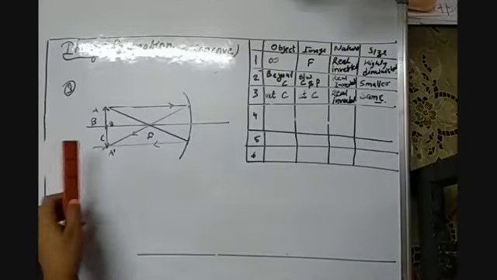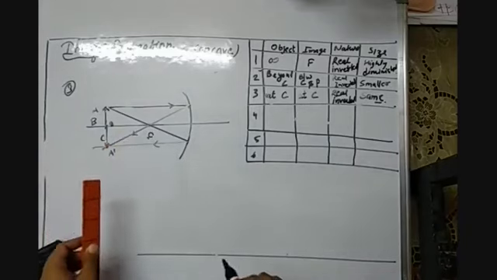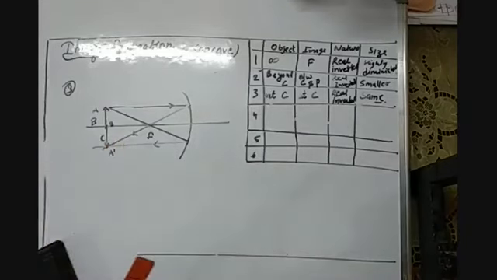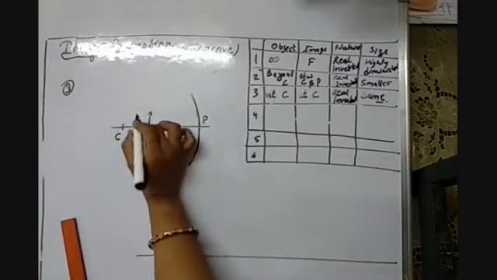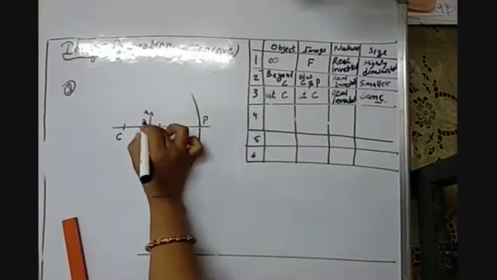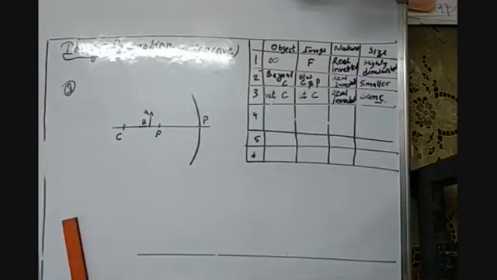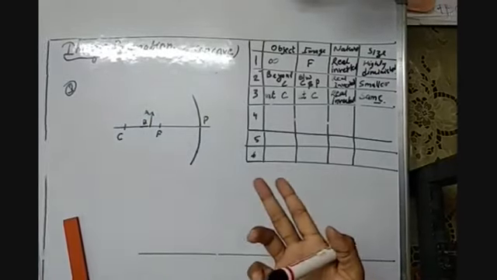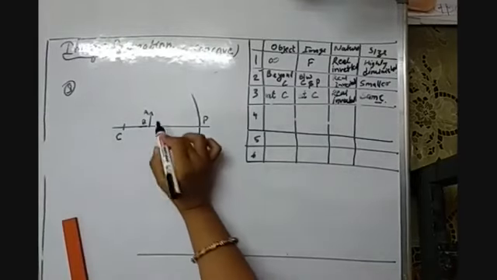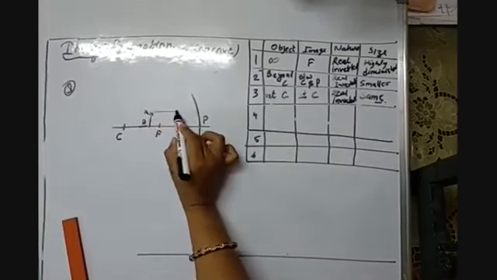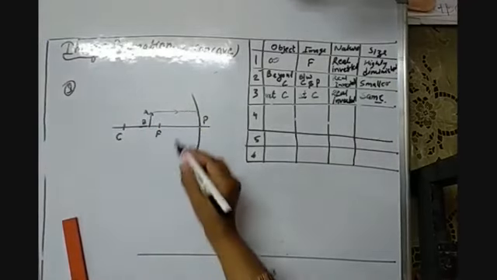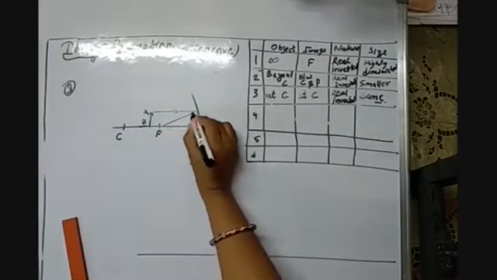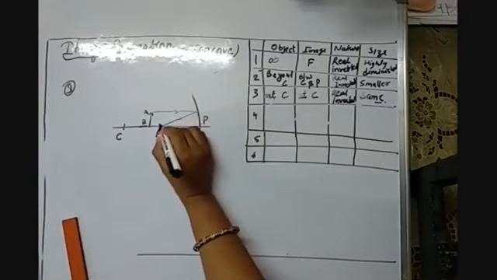Now let us move a little ahead. We'll place the object now between C and F. Now we have placed our object AB in between C and F, that is the center of curvature and the focus. So we have to again choose two rules out of the four. The first that we can take is the same: incident light comes parallel to the principal axis and will pass through the focus after reflection.